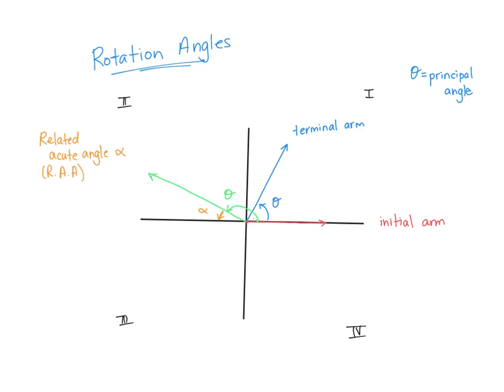Key word here, acute, which means our related acute angle will always be less than 90 degrees. It's always positive, and it is the angle formed between the terminal arm and the x-axis.